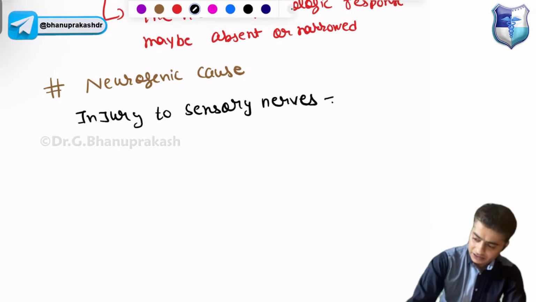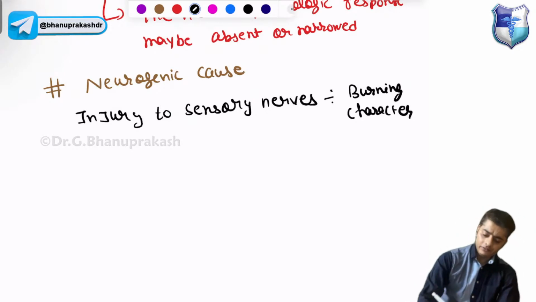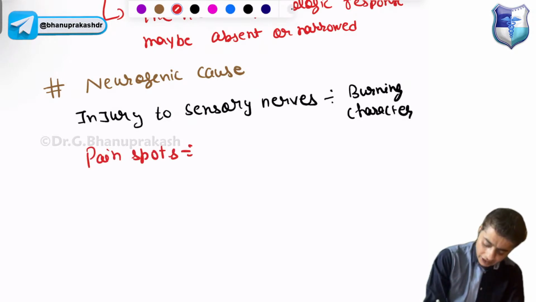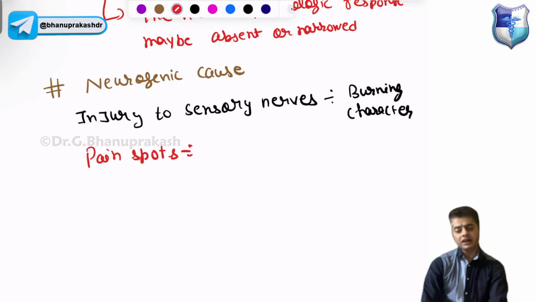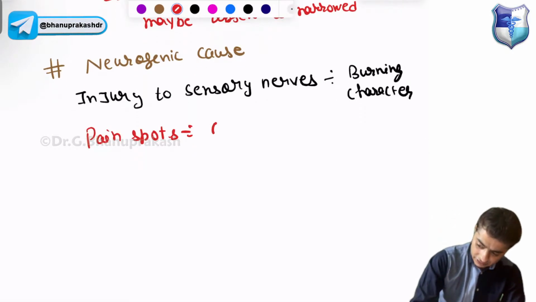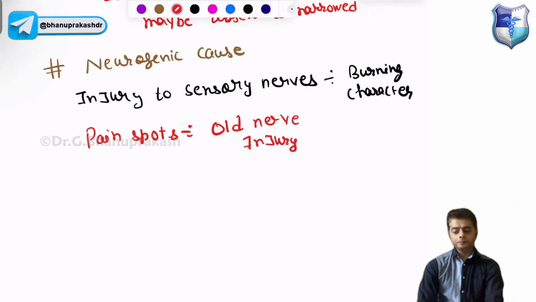So the pain has a burning character, and many times there are some pain spots also. And what is the significance of these pain spots? Their significance is that they tell us about old nerve injury. Okay.